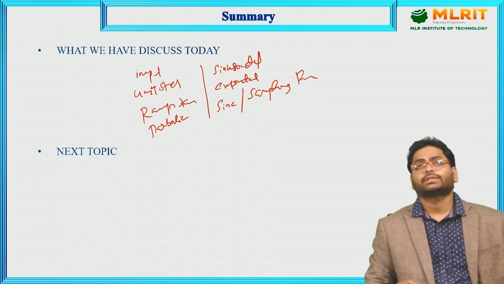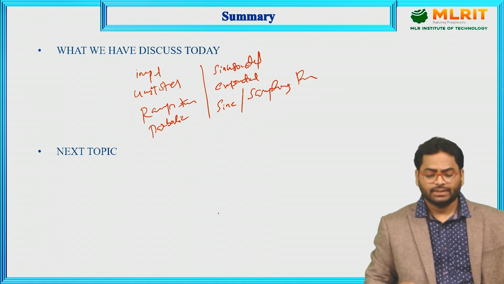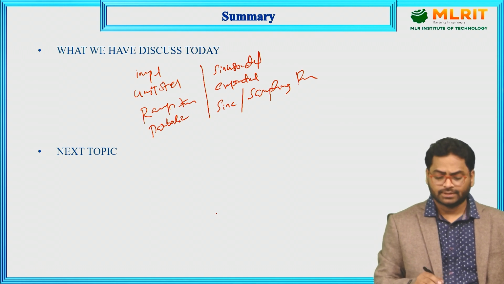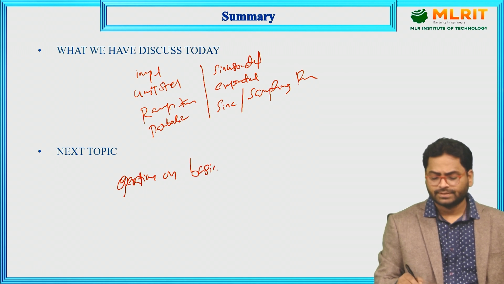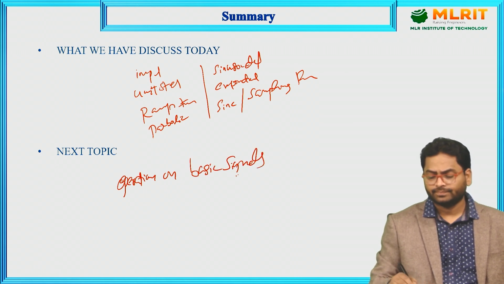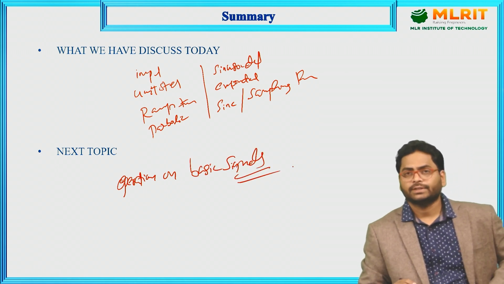So, these are the basic signals we have studied, and in the next topic we will discuss the operations on basic signals. We are going to study the operations on the basic signals.